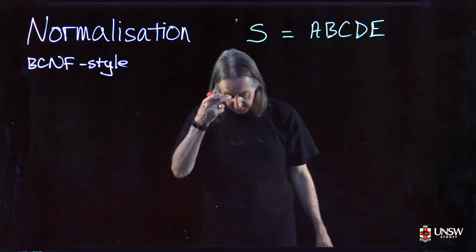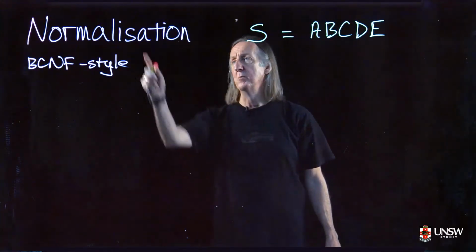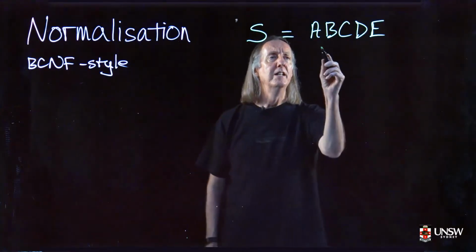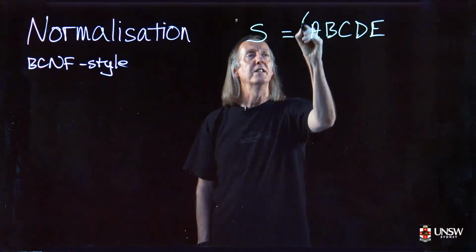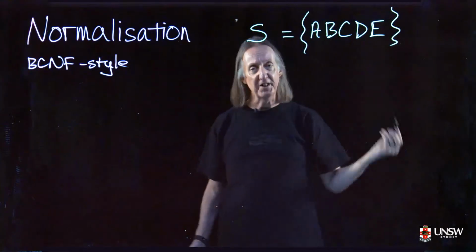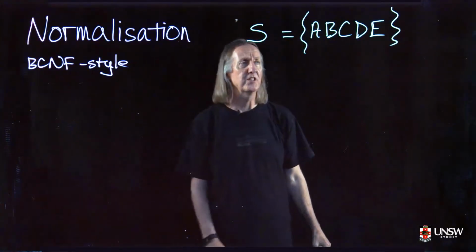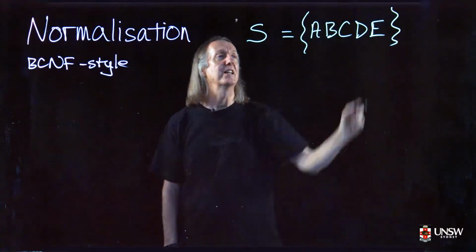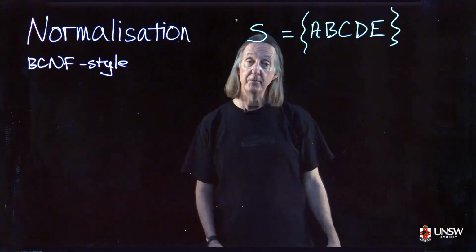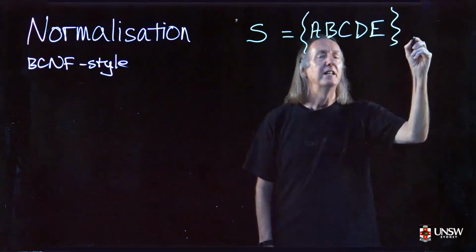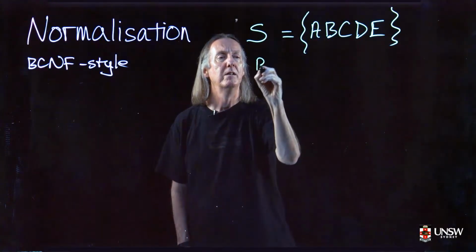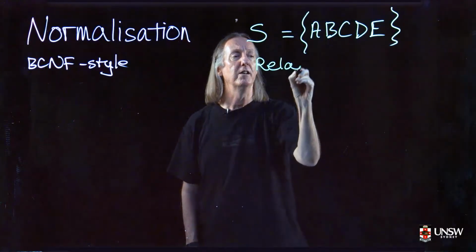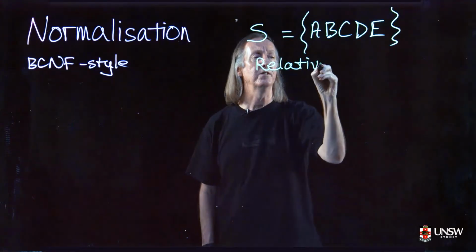And what the normalisation is going to do, it's going to look at this, and let's imagine that we're talking about a set of tables, which is what a schema would be. There's our single table. Is that table in BCNF? And of course, that's all relative to a set of functional dependencies.